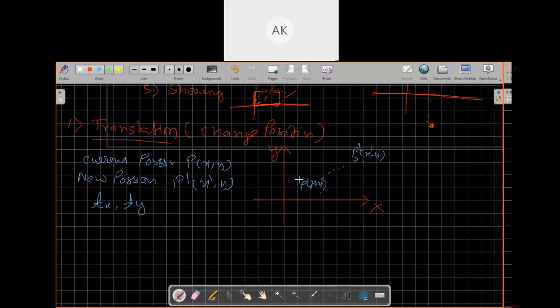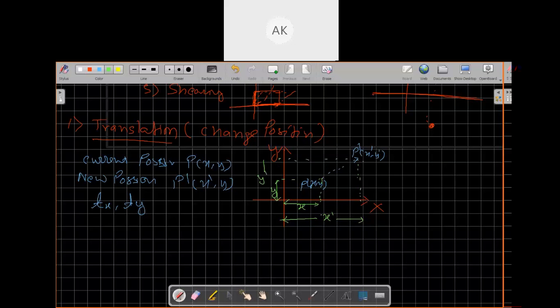For changing the position of the object, we use two parameters, tx and ty. Tx is the translation parameter corresponding to the x-axis, and ty is the translation parameter corresponding to the y-axis.